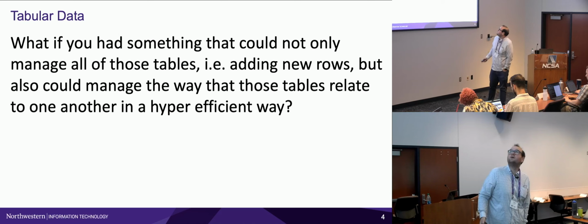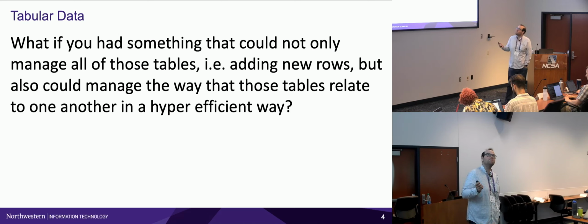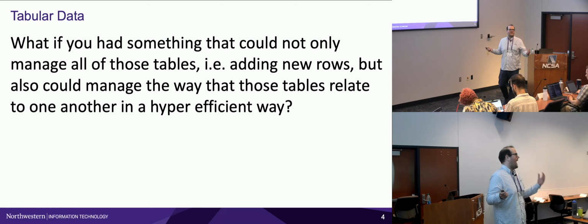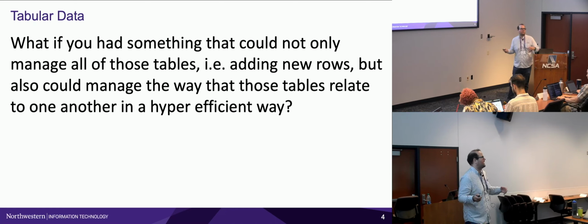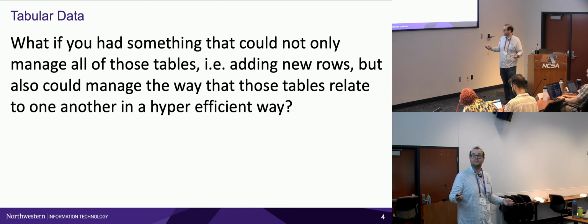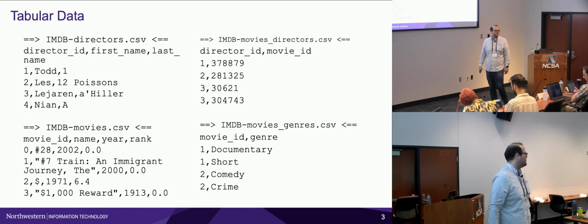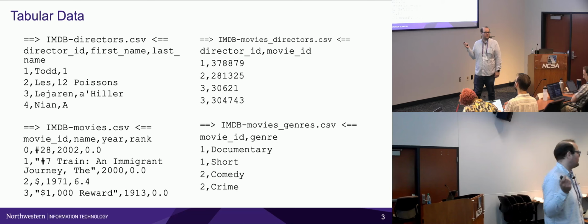Okay? So what if you had something that could not only manage all of those CSV files or tables, i.e. doing things like adding new rows, right? What do you also have to do when you add a new row to the movies table?